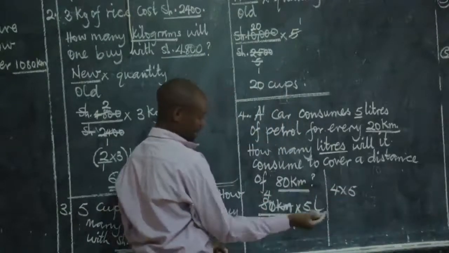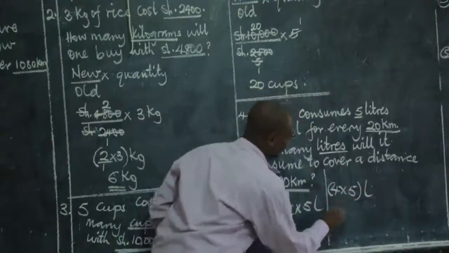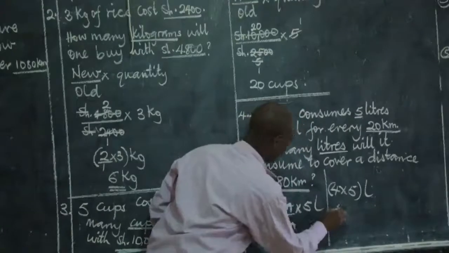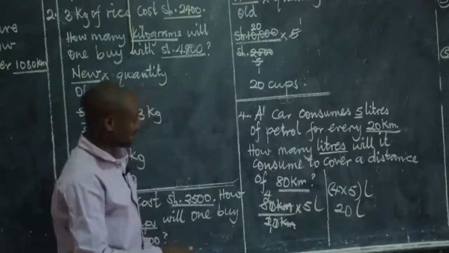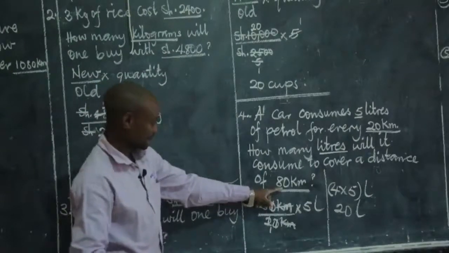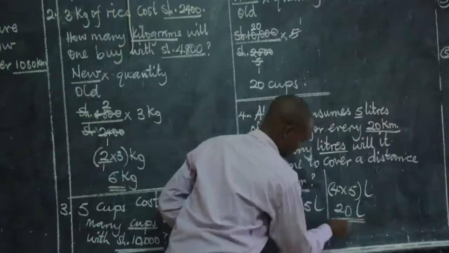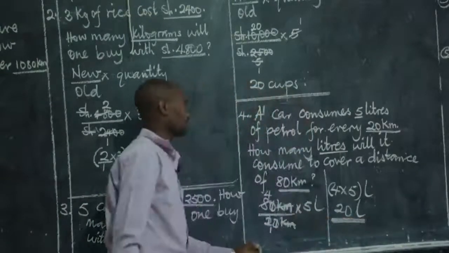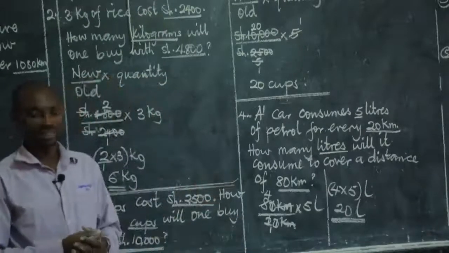And 4 out of 1 is the same as 4. And what are we getting? Liters. So it means we are going to get 20 liters. So it means for this car to cover 80 kilometers, it must have consumed 20 liters of petrol. I think you can see how simple it is.